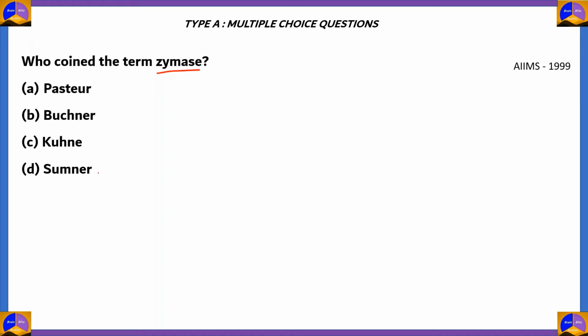Let's look at each of our options. Sumner proved that enzymes are proteins. So therefore, option D is incorrect. Option C, Kuhne.